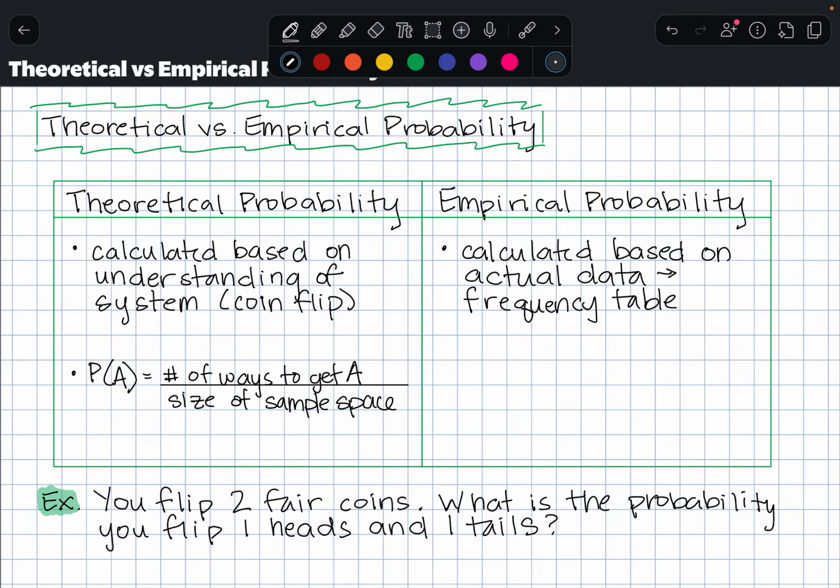And then to calculate the probability of event A happening, it's the frequency of event A in my table. I go to the A row and pick off that class frequency, and then I'm going to divide it by the total frequency.